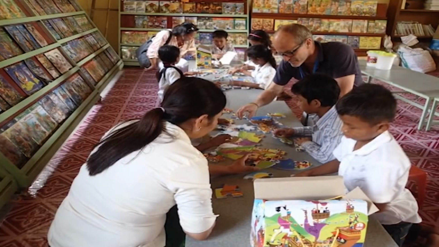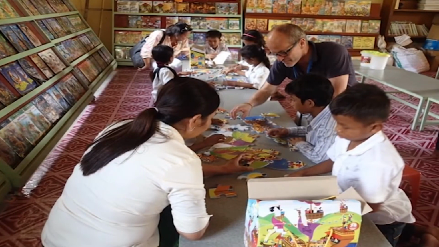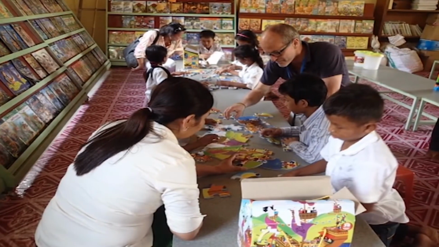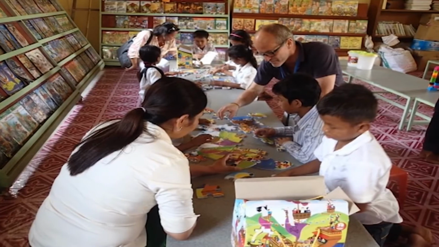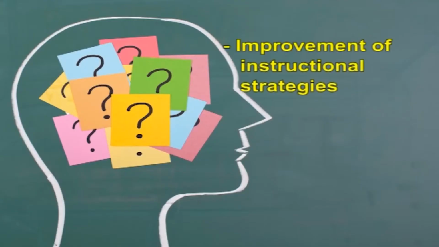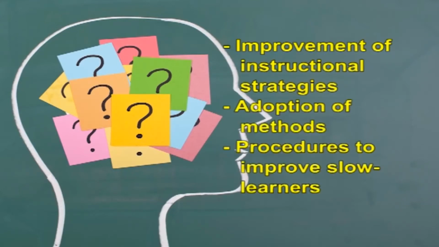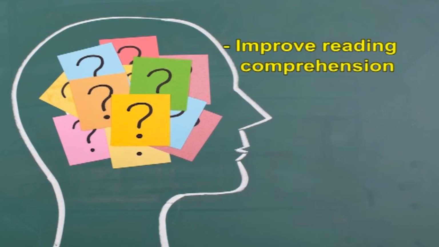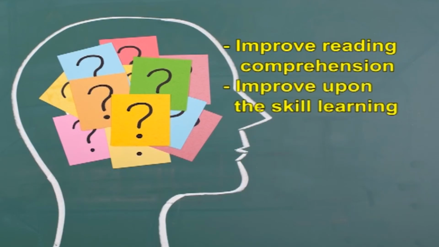Next is remedial evaluation. It is undertaken to make alterations or modifications to check certain deficiencies in the course. For example, improvement of instructional strategies, adoption of methods and procedures to improve slow learners, to improve reading comprehension and to improve upon the skill learning in students.